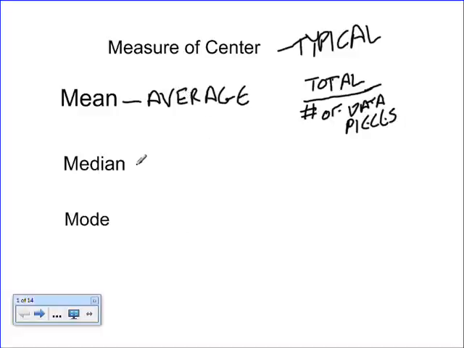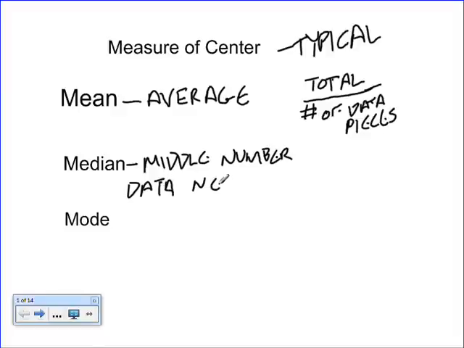Okay. The median is the middle number, and the key with the median is that the data has to be put in order. So you need to put the data in order. I'm thinking here as I'm writing.